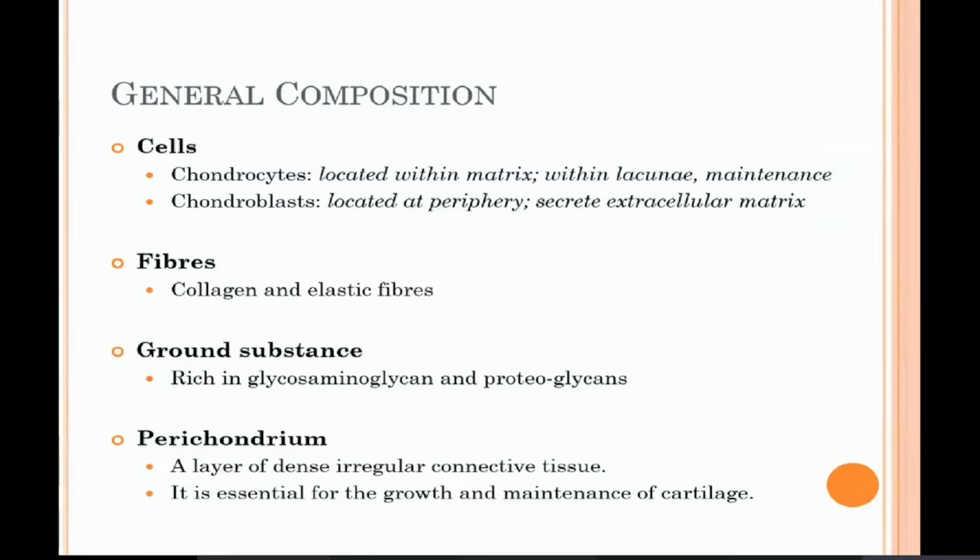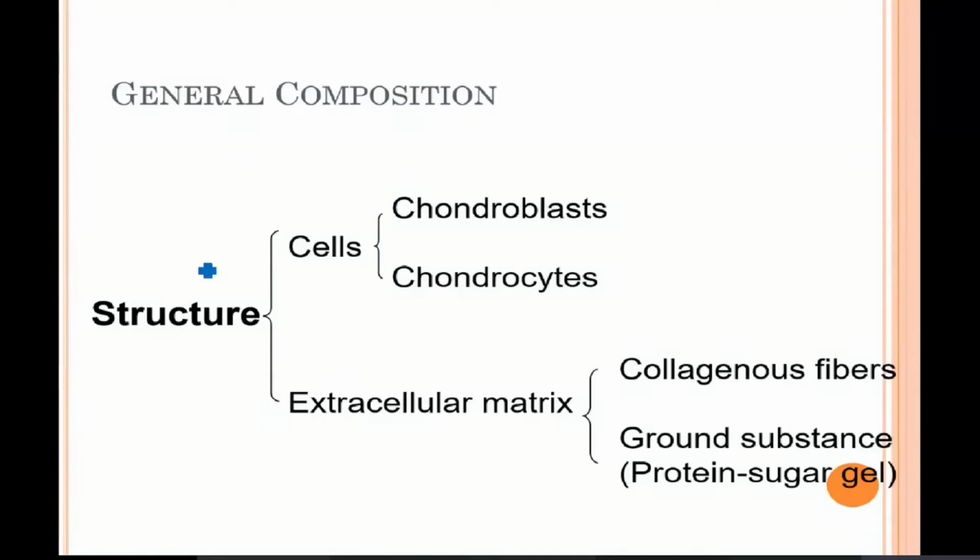Right, so in summary we can say that the cartilage is made up of two components, the cellular part and the extracellular part. The cellular part has two types of cells: the chondroblasts, which are immature cells that start the formation of the cartilage, and then ultimately get matured and trapped within their own produced extracellular matrix, and now they are known as chondrocytes.